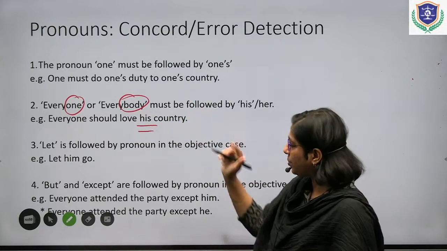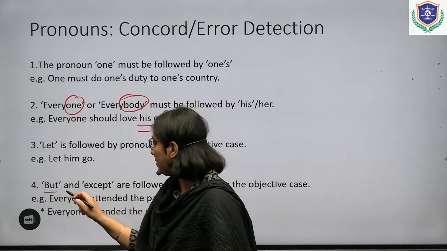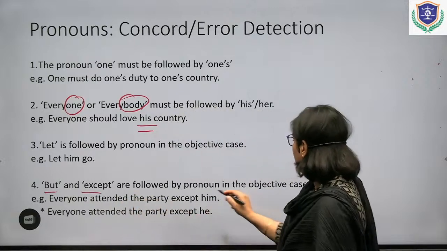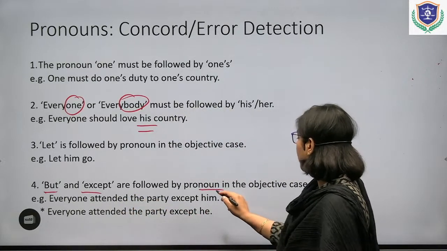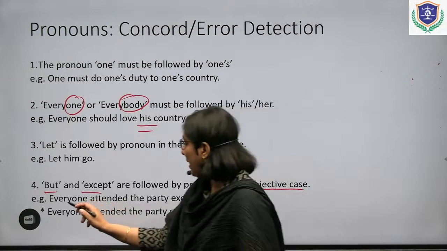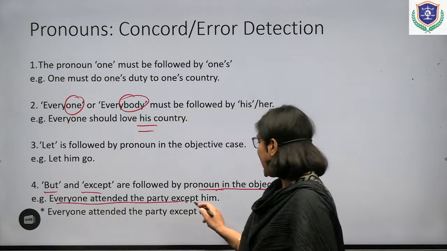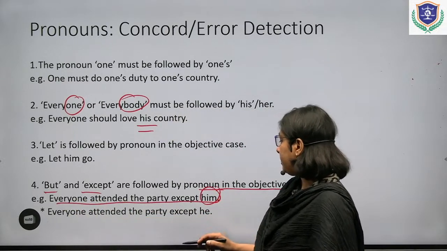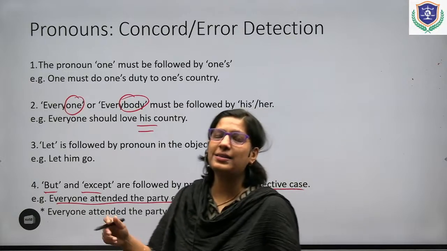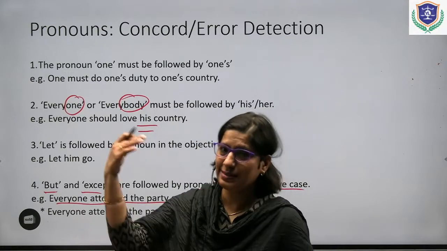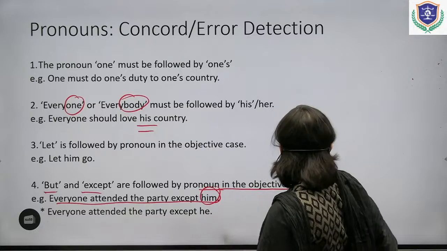Now we are looking at pronouns. So the moment we have but and except followed by a pronoun, it has to be in the objective case. Everyone attended the party except him. Everyone attended the party except her. Everyone attended the party except them.